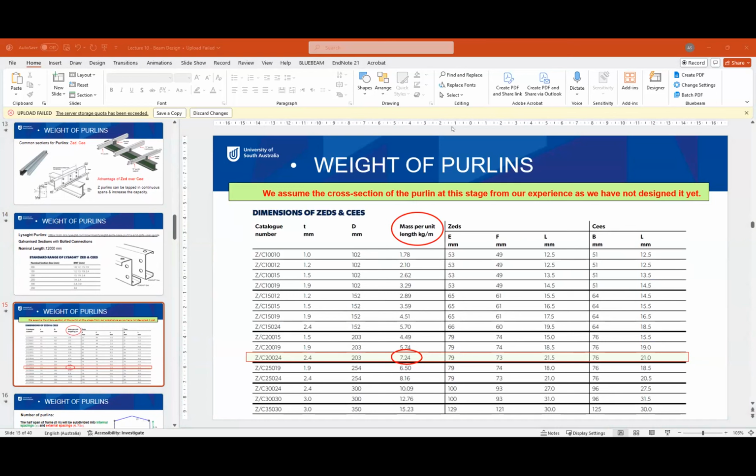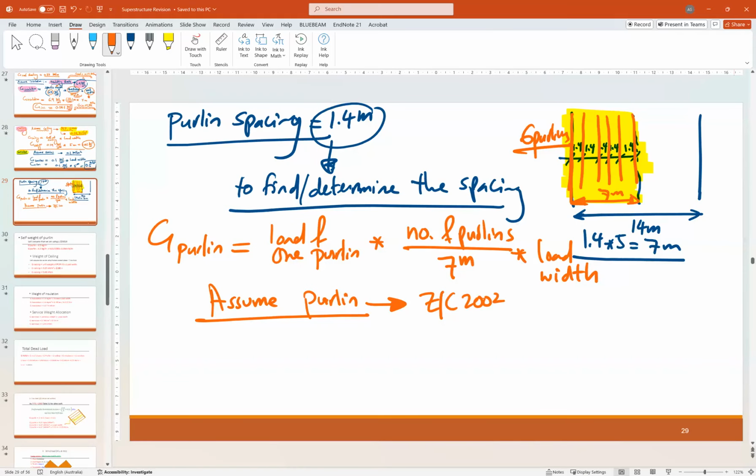So if we go back, we assume a section of 224. The mass of this purlin is 7.24 kilogram per meter.